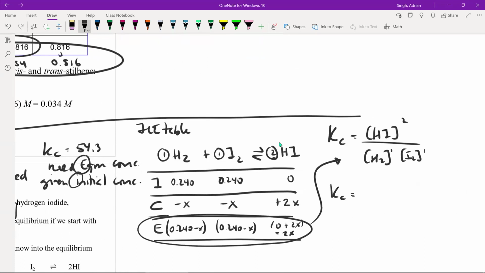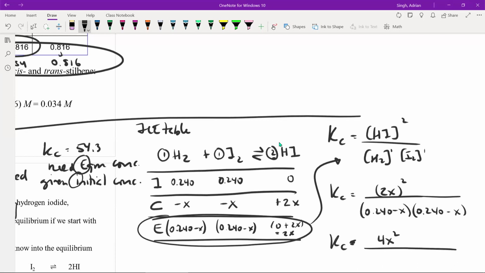So Kc, HI is 2x, and that's squared, divided by 0.240 minus x times 0.240 minus x. Those are what we have in the denominator. We can go ahead and simplify this now. Again, this eventually becomes a math problem, an algebra problem. So 2x squared would be 2x times 2x, which is 4x squared.